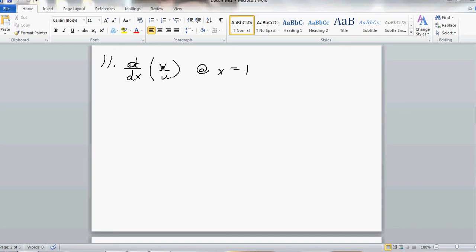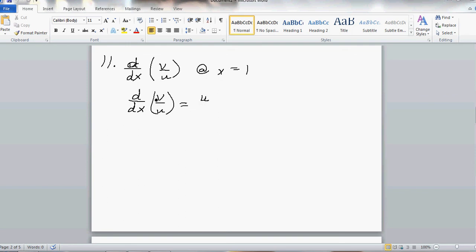But look at what we have. We have v over u. This is a quotient, so we need to think of what is the quotient rule. We have no choice but to use the quotient rule, but it's actually going to turn out easier. So let's look. D dx of v over u would be ho, which is u, d high.